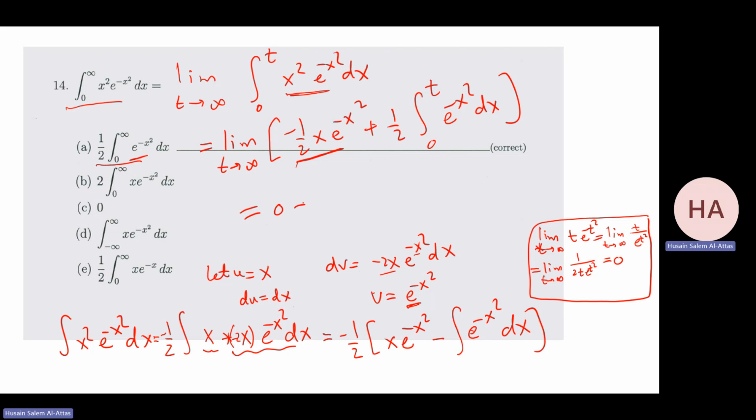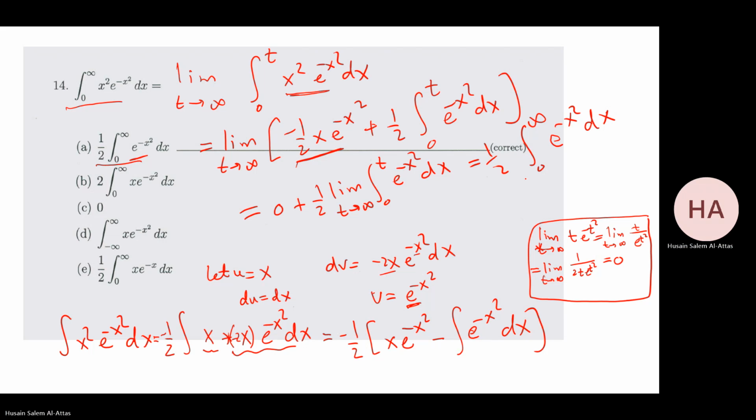So this will be 0 plus half limit t goes to infinity of the integral 0 to t e minus x squared dx, and that is half the integral 0 to infinity, which is the definition we started with. So this one uses integration by parts plus the definition of the improper integrals.